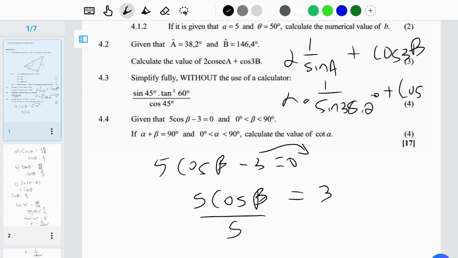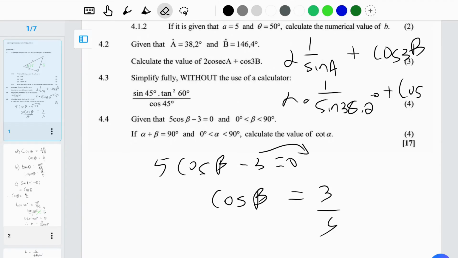Then we can divide both sides by 5, and now we have cos beta on its own. As you can see, cos beta equals 3 over 5.